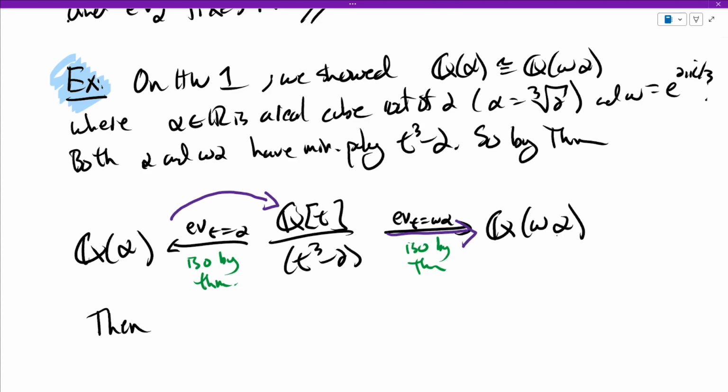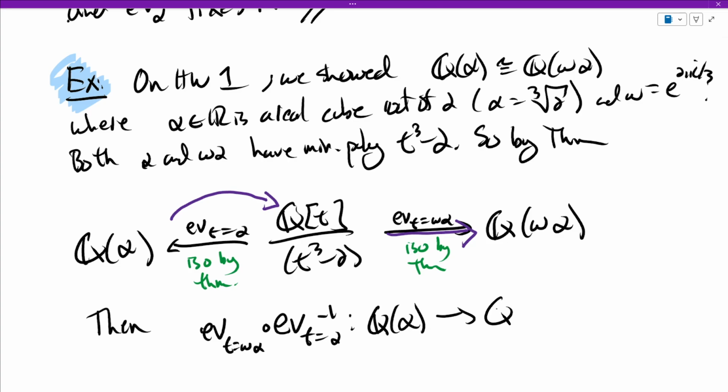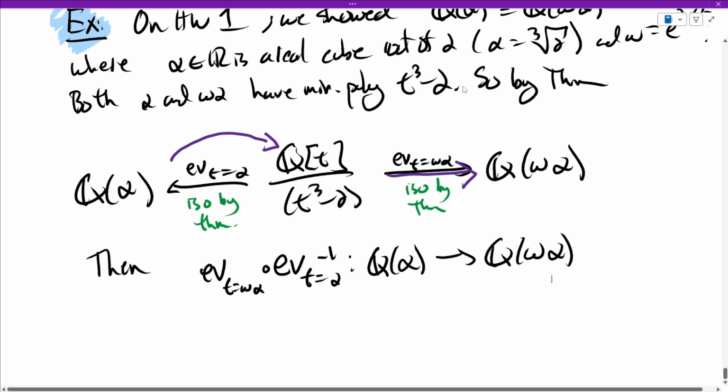What is this path? Undo evaluating t at alpha, so replace alpha with a t, and then evaluate t at omega alpha. That is a function from Q adjoin alpha to Q adjoin omega alpha, which happens to be an isomorphism because it's a composite of isomorphisms.